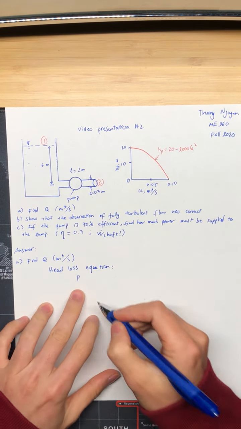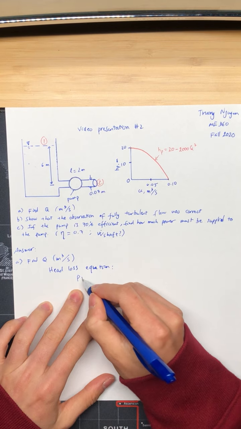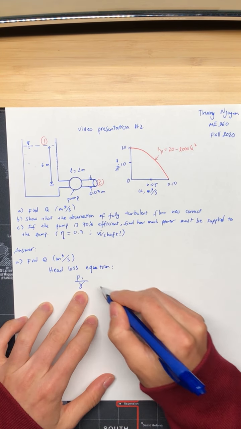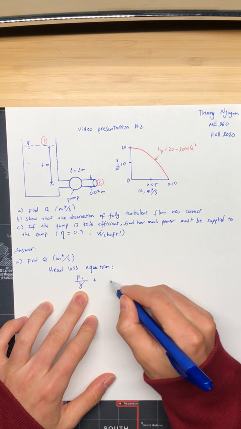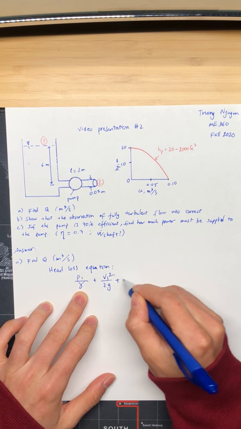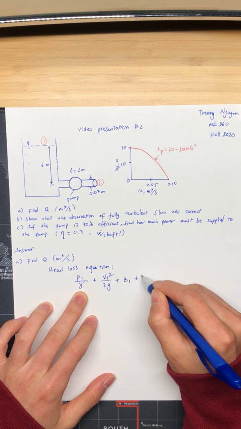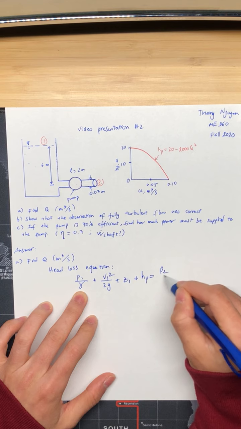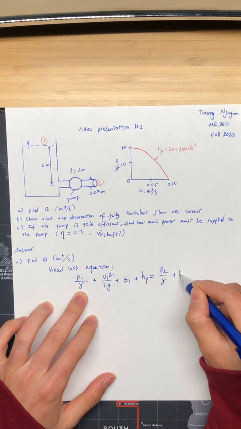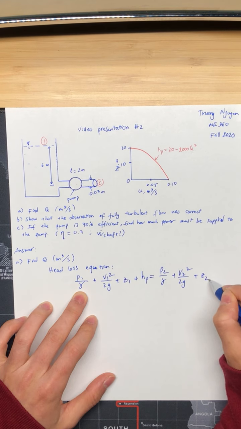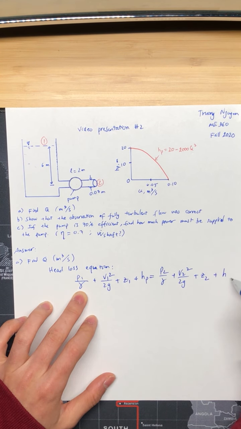So we have the head loss equation: P1 over gamma plus V1 squared over 2g plus Z1 plus head pump equals P2 over gamma plus V2 squared over 2g plus Z2 plus head loss.